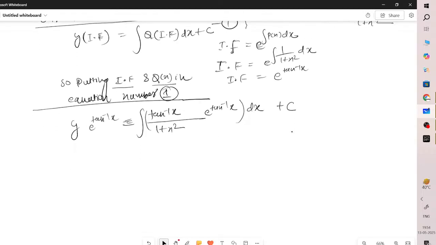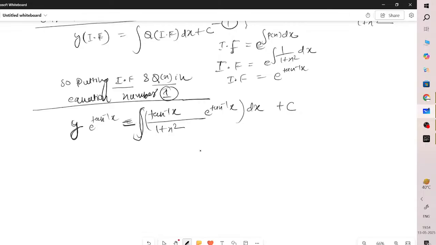Now to solve this further, we make our integral simple by substituting a required value in our integral.